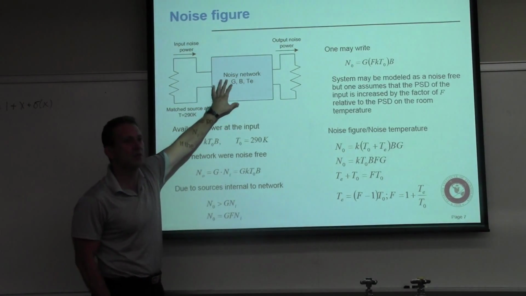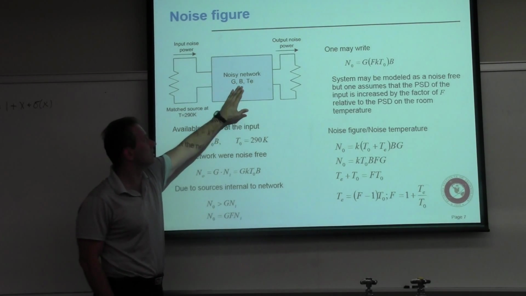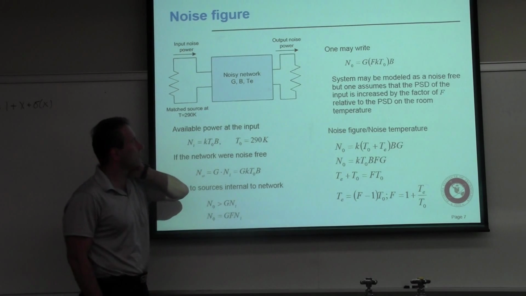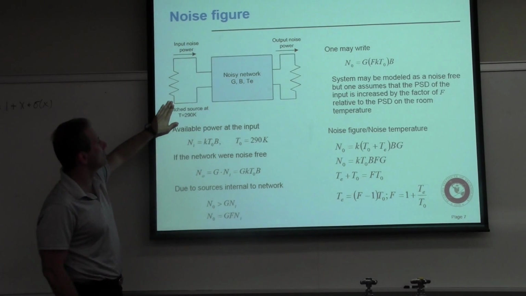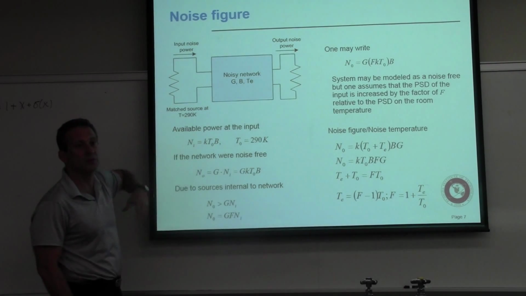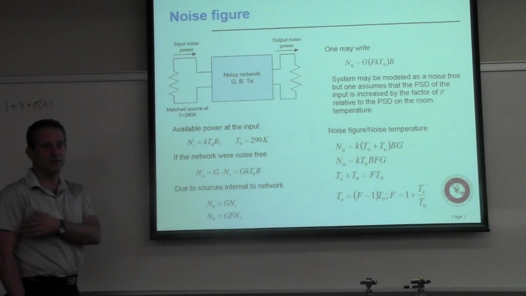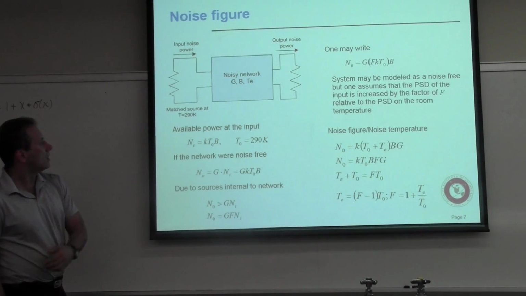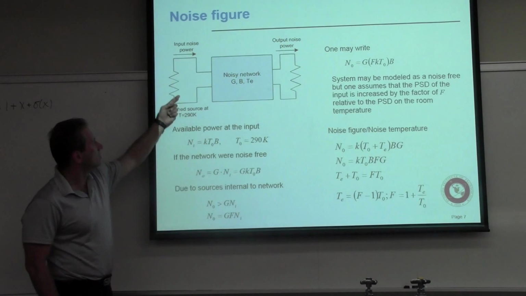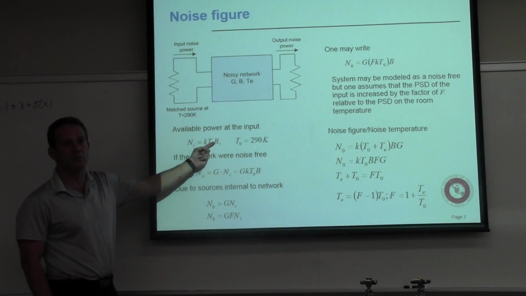You have a noisy network here that has its gain, its bandwidth, and its equivalent temperature, right? And then you have a noise source that is now at some temperature T0, which we fixed to be 290 kelvins, which is essentially your room temperature, 17 Celsius. So the available power at the input is going to be k T0 times B, right?